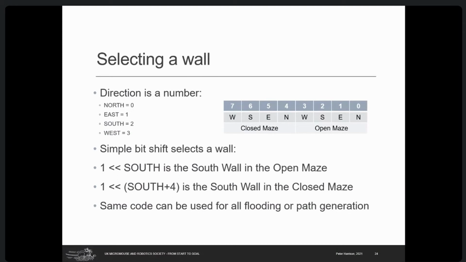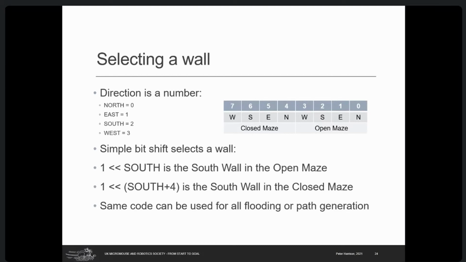So if I had given my directions numbers, north is 0, east is 1, south is 2, and west is 3, and so forth, if I wish, I can have a look at an individual wall with a bit mask. I can say 1 shifted left south, right, is a 1 shifted left 2 bits. And if I just do that, I'm looking at the south wall of the open maze.